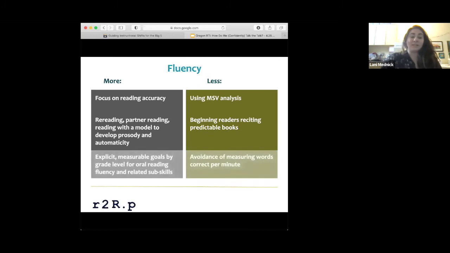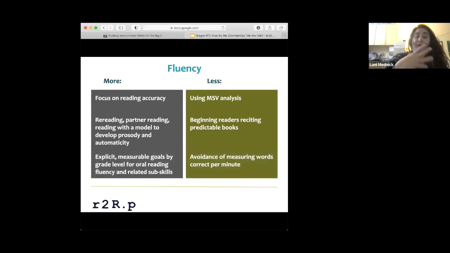And we want to make sure that we're monitoring that progress to true oral reading fluency. So we want explicit measurable goals by each grade level and the skills associated. I've seen at first teachers hesitant to or avoiding measuring words correct per minute because they don't want to push kids to read faster and faster.